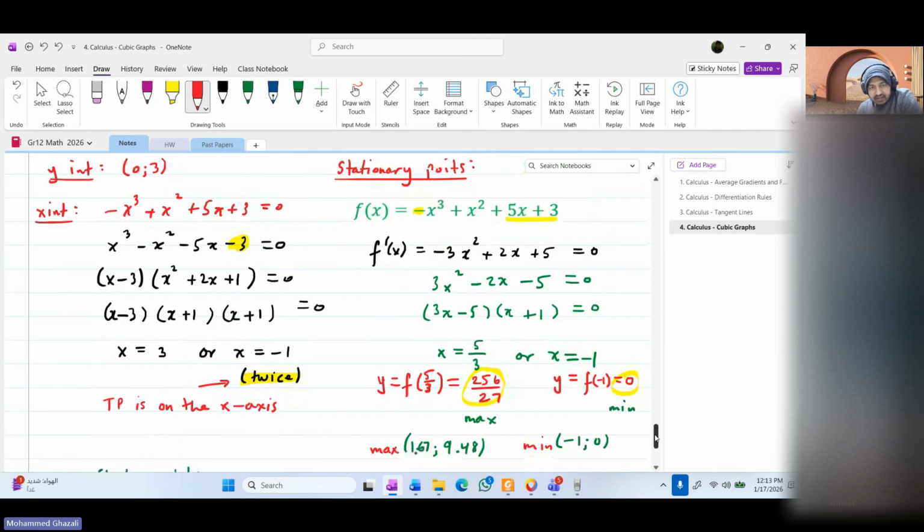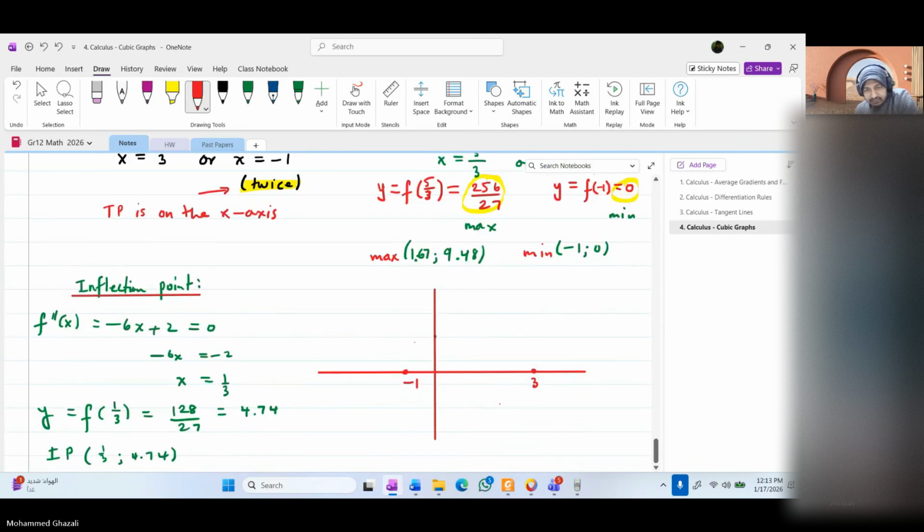What's the y-intercept? The y-intercept was 3. But I have 9.48, so let me shrink it and bring the y-intercept lower down.